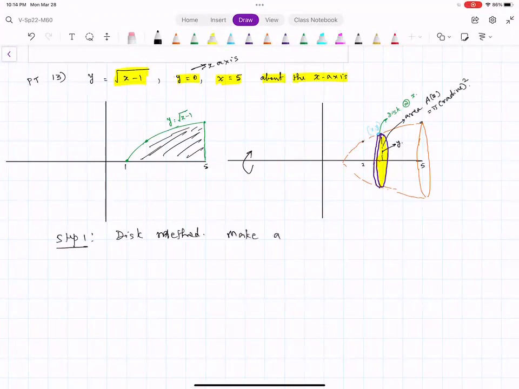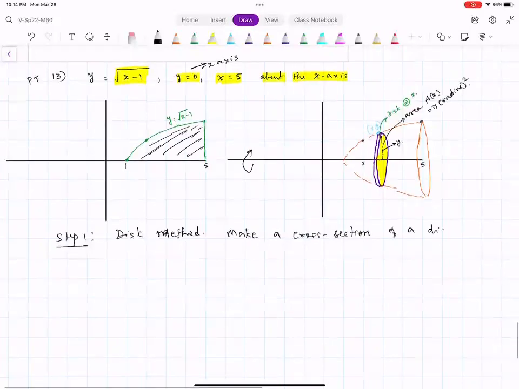Make the cross-section of a disk at the distance x from the origin.